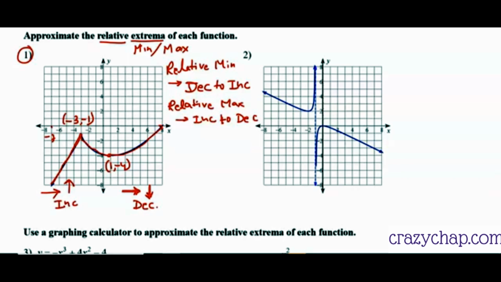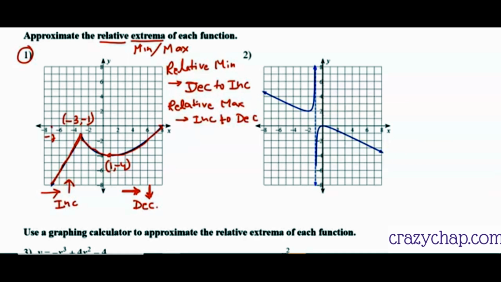So by definition, relative minima is when the function changes from decreasing to increasing. So by looking at the graph, we can see that the function changed from decreasing to increasing at this point. So my relative extrema is this point.